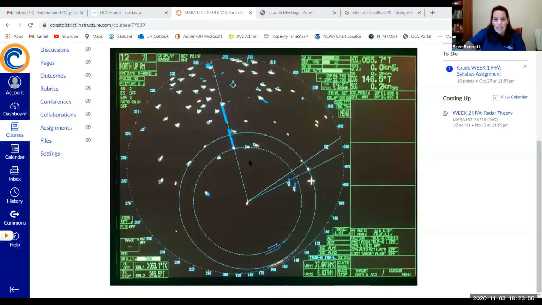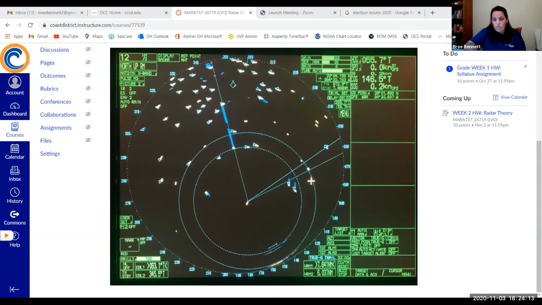Okay. I'm kind of going all over the place with you guys here. Okay, this is back to the Canvas screen. But here we have 2 VRMs. So that VRM is the variable range marker. So here we have one at 7.4 miles, and here we have one at 6 miles.